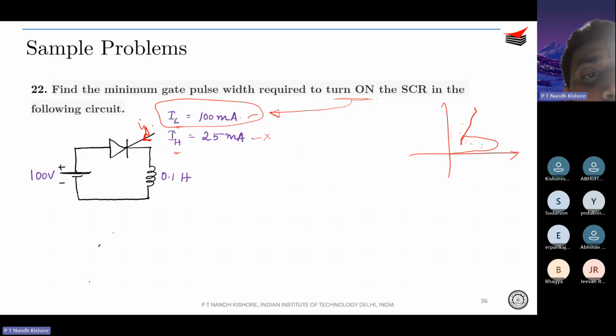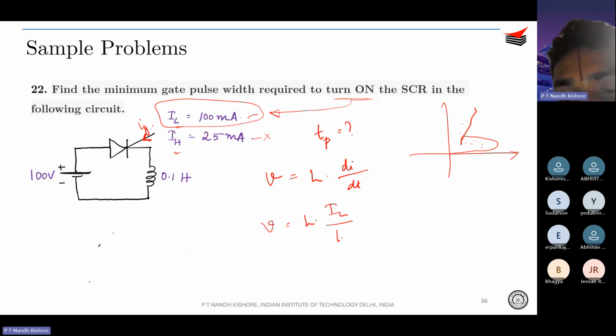So what is the value of the pulse width, I will call it TP, required to turn on the SCR? This is a simple circuit. Just apply V is equal to L times di by dt, or V is equal to L times IL divided by TP.